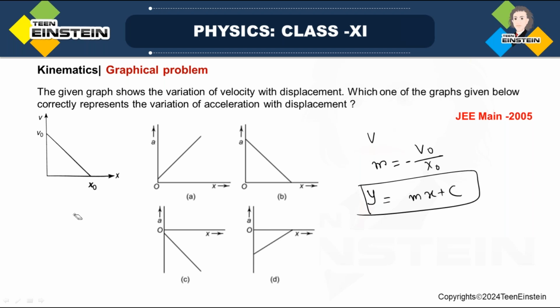So if we try to find out dv dt, generally what we write is dv dx into dx dt. This dx dt we can write as velocity.